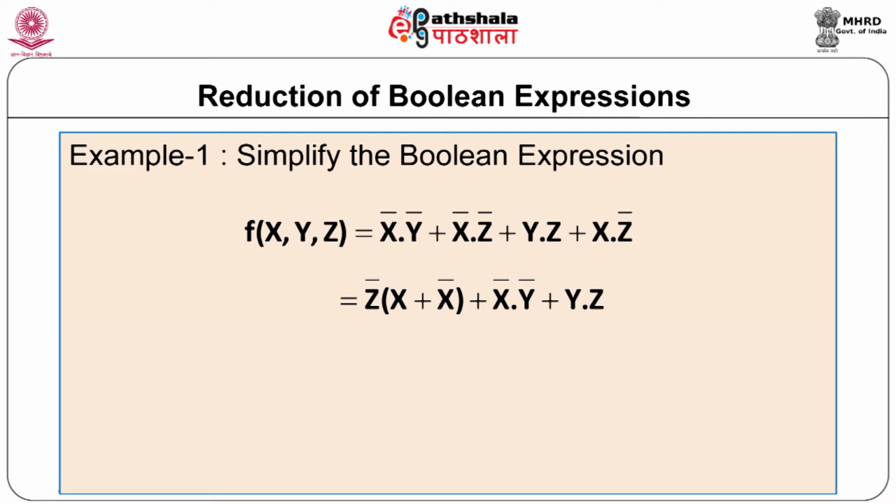As x OR its complement results in 1, we get directly only z bar. So, in the third line, as you can see, z bar OR x bar and y bar OR y z. That is also equivalent to rearranging the terms.